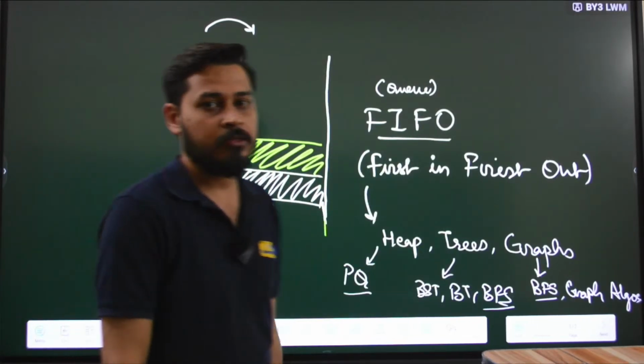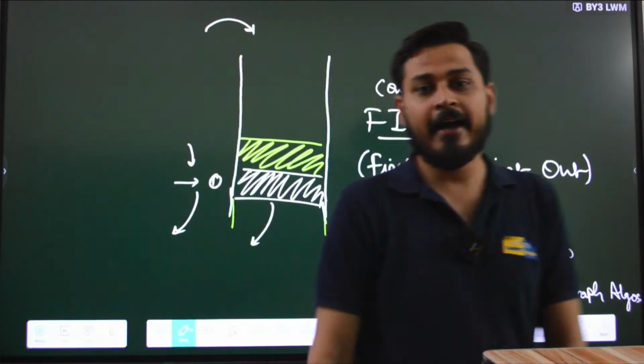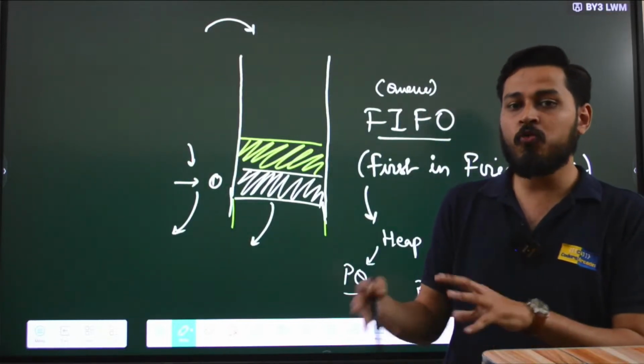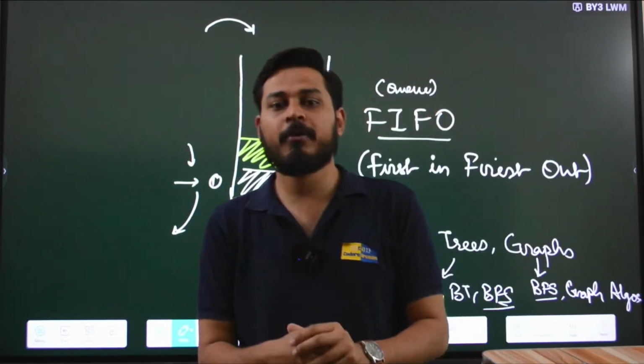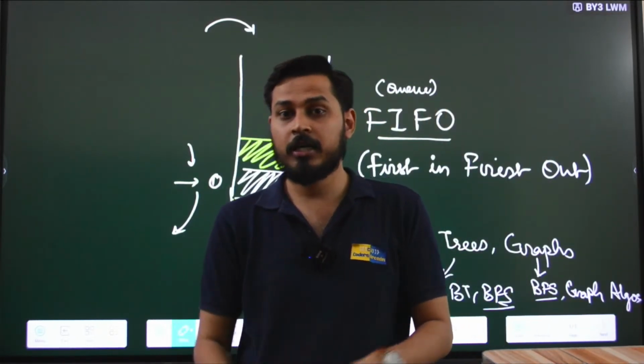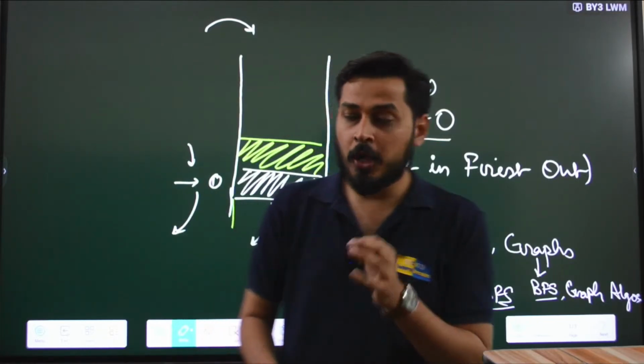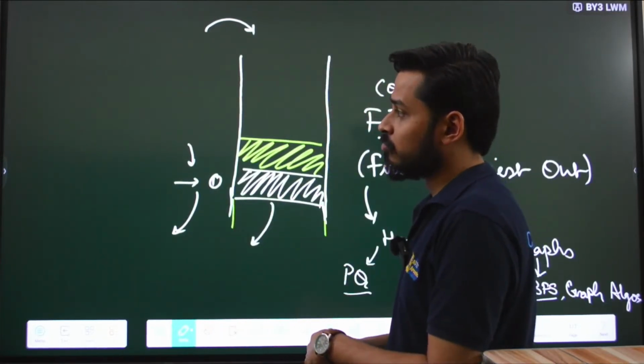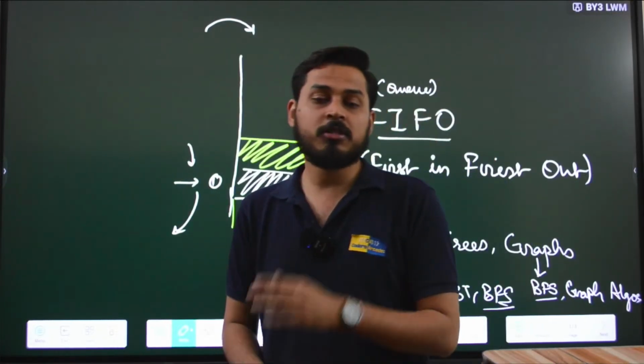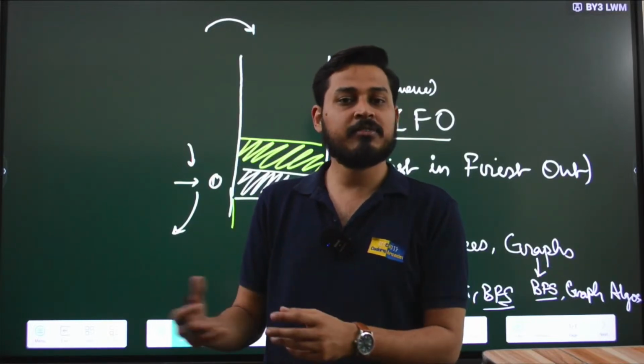Now this is the theory part that I have told you, but how would you implement this properly in your code, in your program? To implement this in your program, we can implement the concept of queues in various different styles.